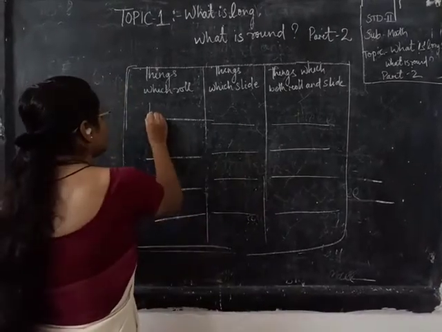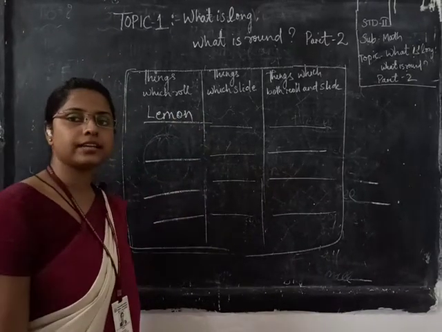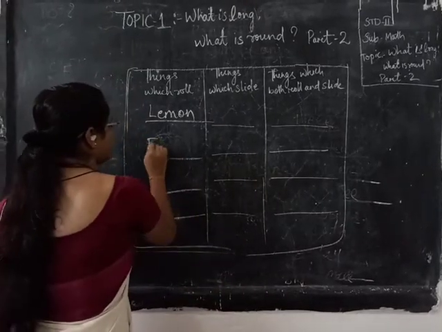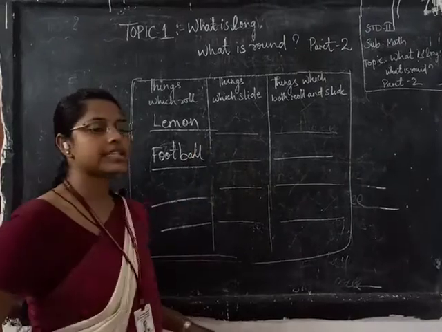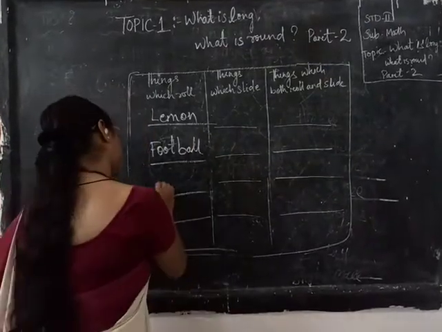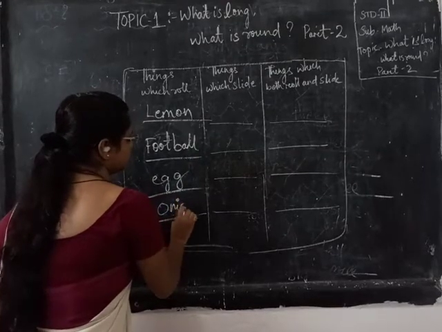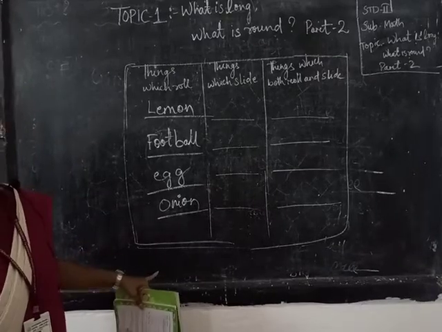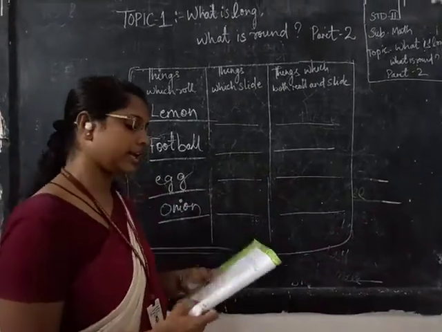Yes, very good. Lemon can roll. Football also can roll. Next, what about egg? Very good. Onion. There are more examples also, but if you want, write these, or other examples you can also write in your books.